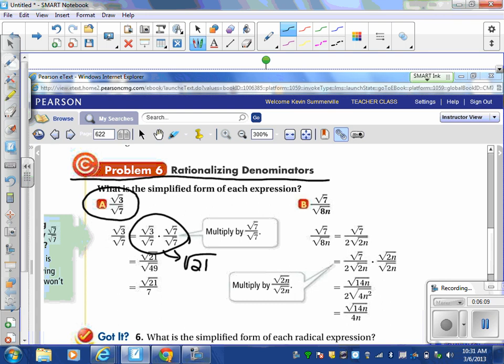And on the bottom, square root of 7 times the square root of 7 is the square root of 49. And we're left with square root of 21 over square root of 49. There's not a number that'd be a square root of 21, but there is a square root of 49. And the square root of 49 is 7, so our final answer is the square root of 21 over 7.